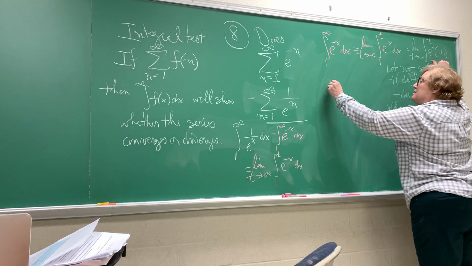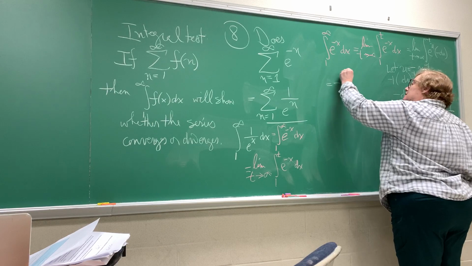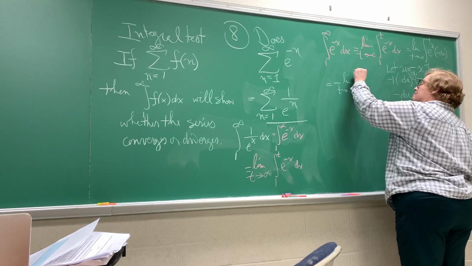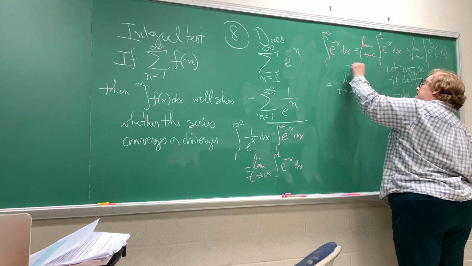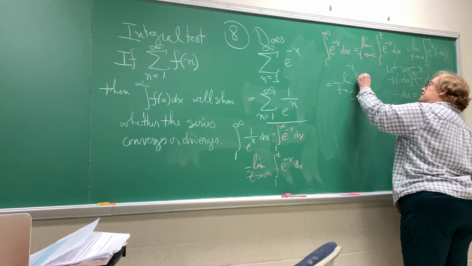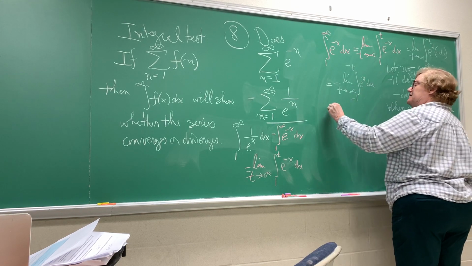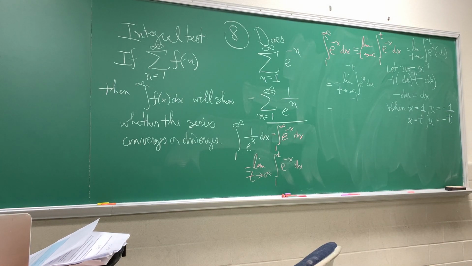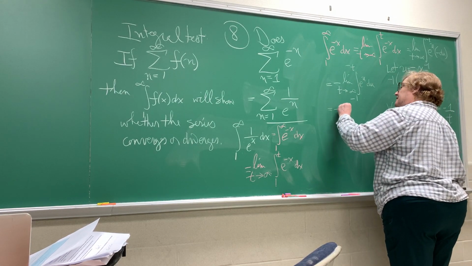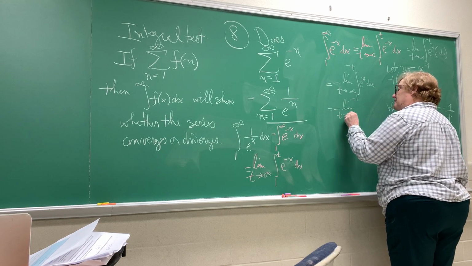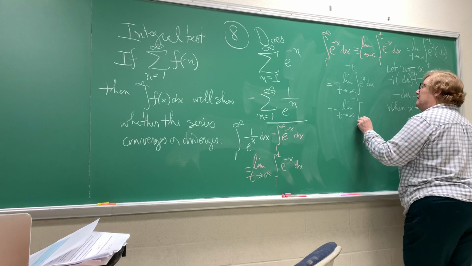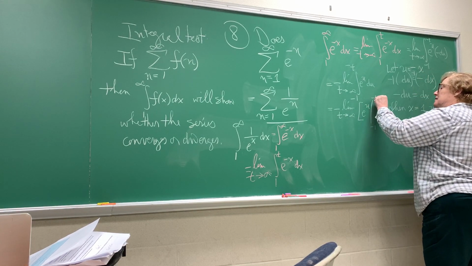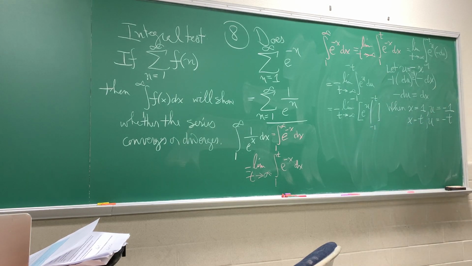So we've got negative limit as t goes to infinity, negative 1 to negative t of e to the u du. The integral of e to the u du is just e to the u. So we have negative limit as t goes to infinity of e to the u evaluated between negative 1 and negative t.